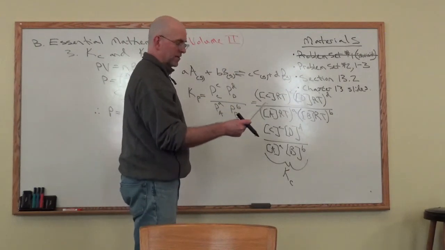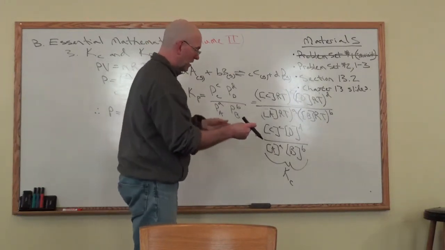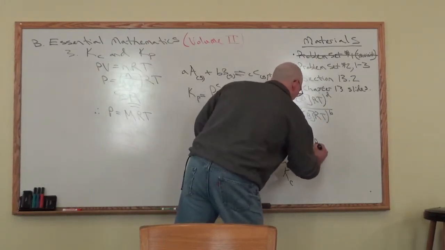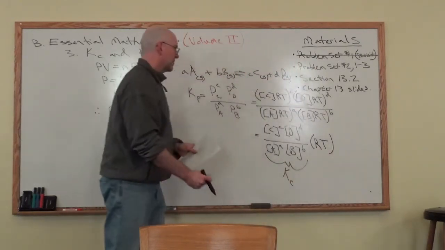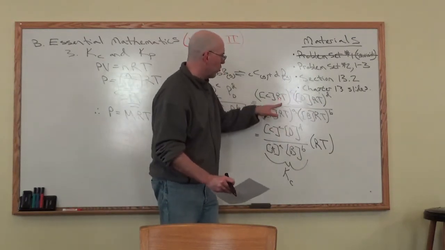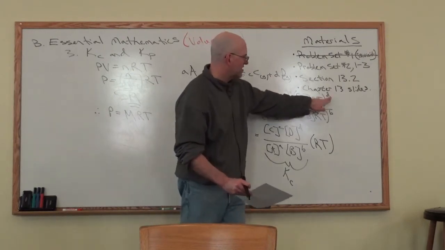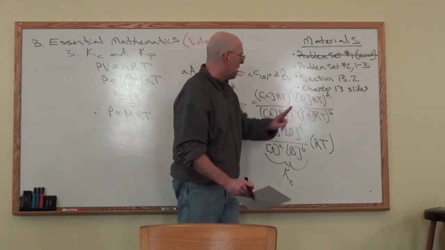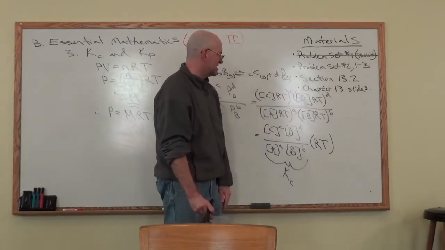Well, okay, now you have to take my word for this one. I think you can probably figure this out. What is left here? Okay, if I'm going to combine all of these RTs into one term, it's going to be C plus D minus A plus B. Now what are C's and D's and A's and B's?